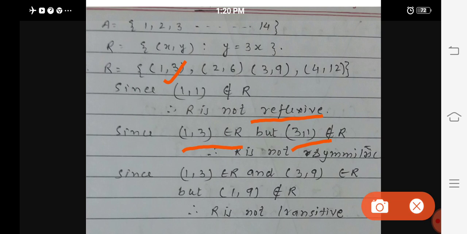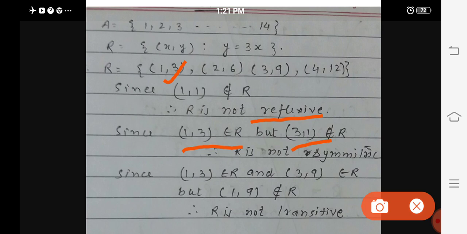Now (1, 3) belongs to R and (3, 9) also belongs to R. It means that for the relation to be transitive, (1, 9) should also be in R, but what we see is that (1, 9) is not in the given relation.